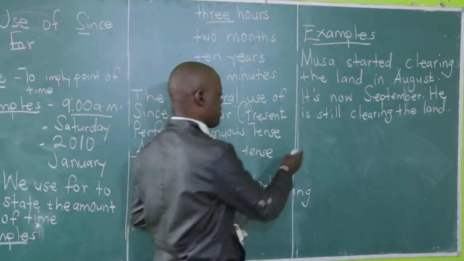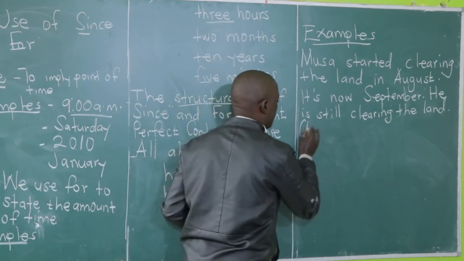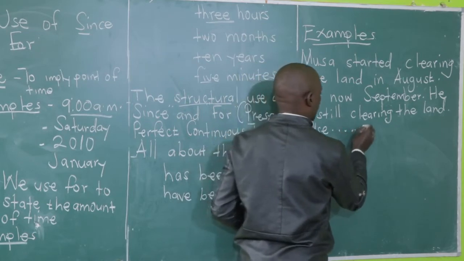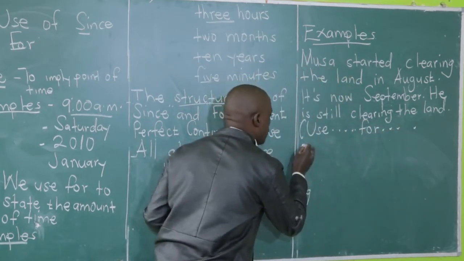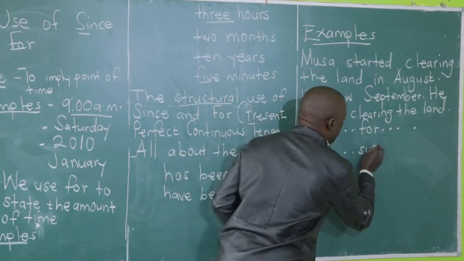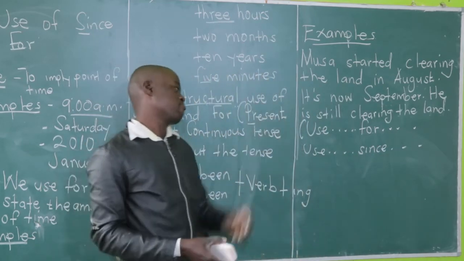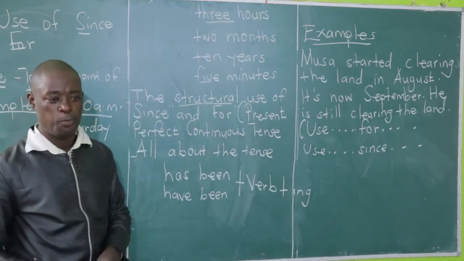And then the examiner will require you to use the structure here. Now this is the structure, like I've told you, the structure use of since and for.